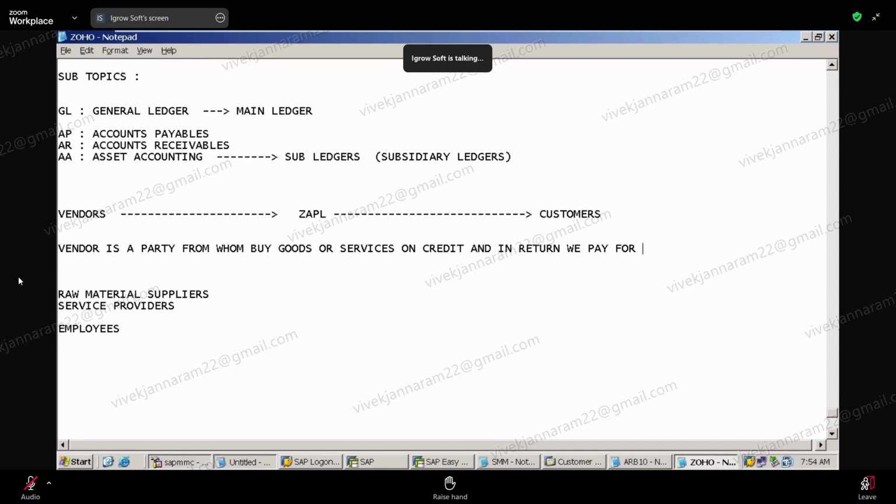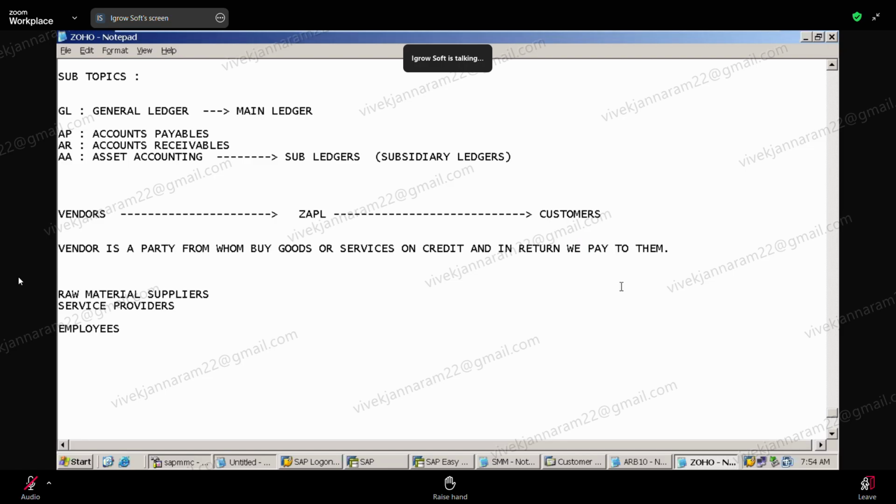Is it clear? So what is the point here? We buy goods and services on credit, and we have to pay them. It is not free. We have to compulsorily pay them.